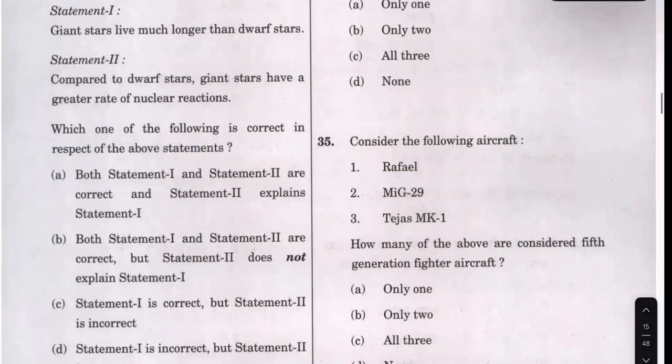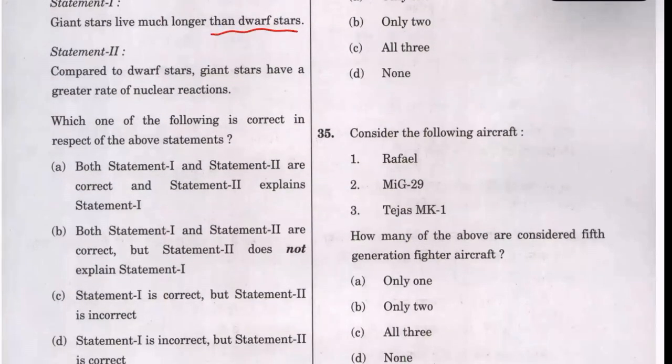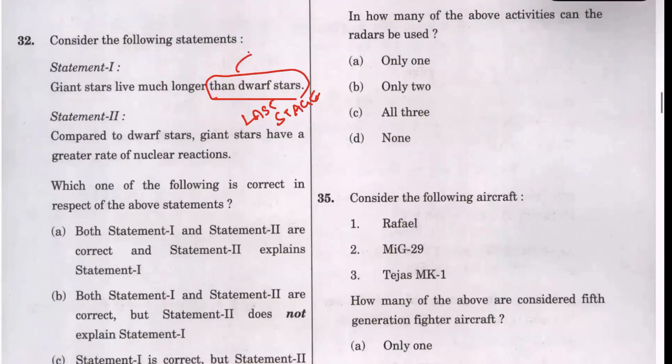Here, giant stars live much longer than dwarf stars. See, dwarf stars are the stars which are in the last stage. After this, there is no stage. If the dwarf star has less mass, it will form a kind of core. If it has more mass, it actually converts into a black hole.